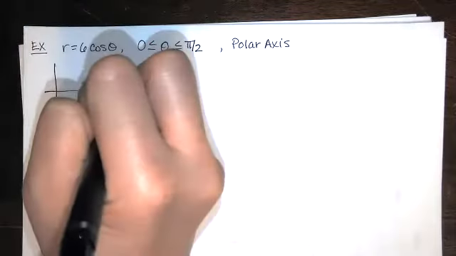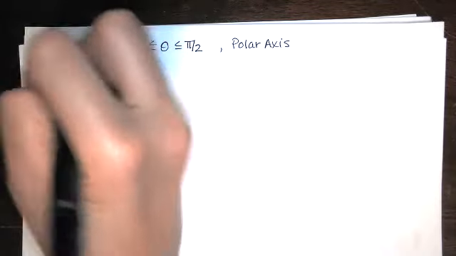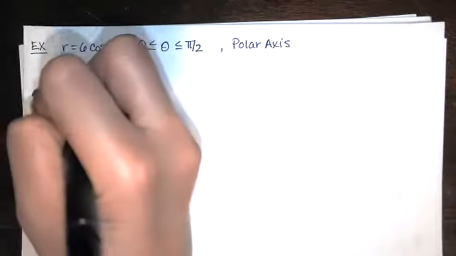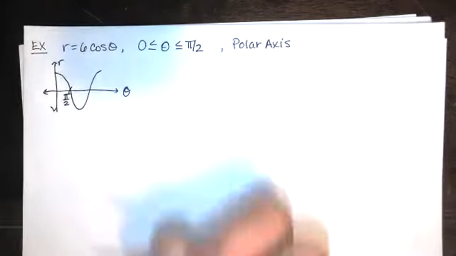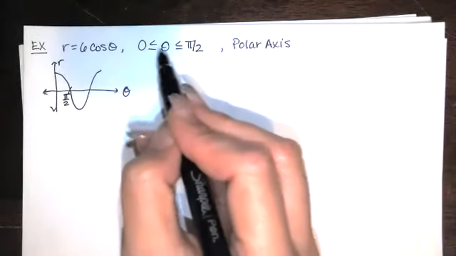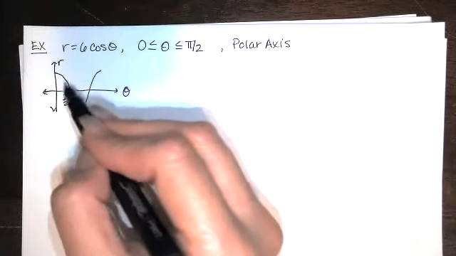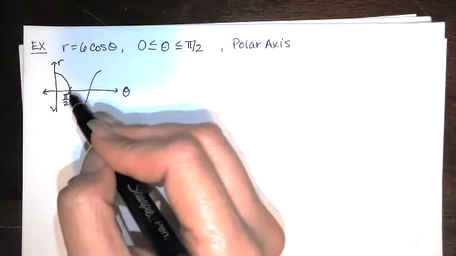Now this is not the graph in the xy plane, but this is just in the r theta plane. We know cosine looks like this, and at pi over 2, cosine is 0. So when we're in this range from 0 to pi over 2, r will be a positive value except for when it's 0 at pi over 2.